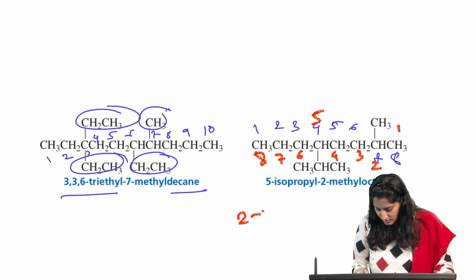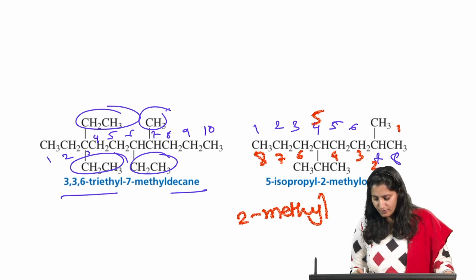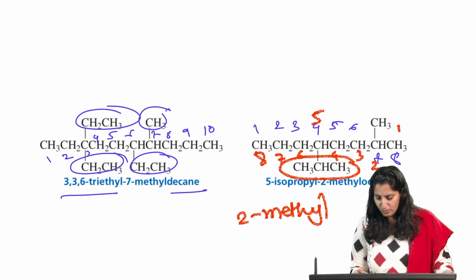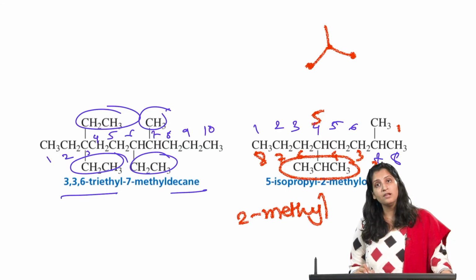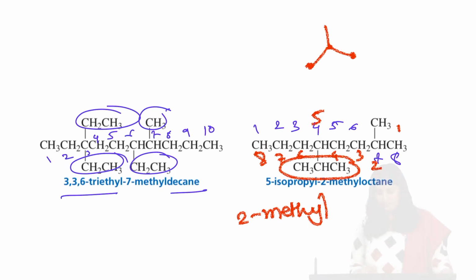Okay. So, let us write that down. So, this is 2 methyl. Now, on position 5, if you see there is this isopropyl group because it is attached like in the form of a Y, right. So, this is attached like that. So, this will be 5 isopropyl 2 methyl octane. Okay.